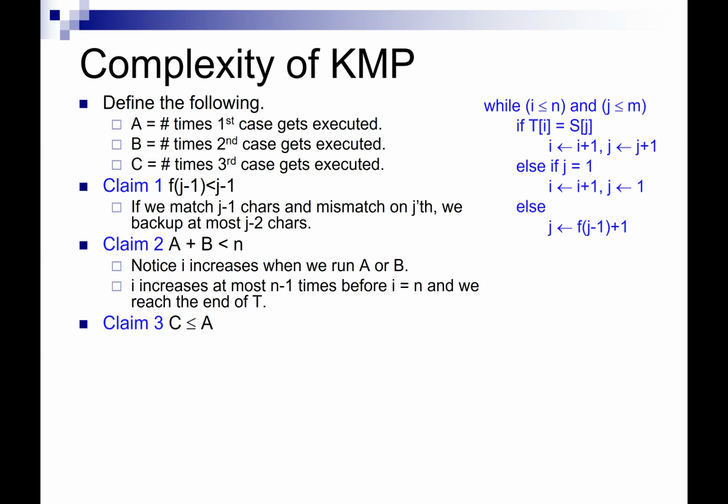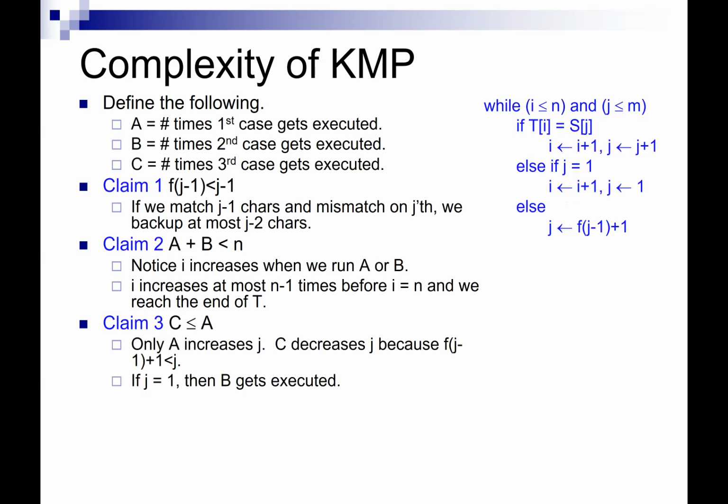The third claim is that the number of times the third case runs is no more than the number of times the first case runs. This is because of all three cases, only the first case is going to increase j. In the second case, you don't change j. And if you execute the third case, we know that f of j minus 1 is less than j minus 1, so f of j minus 1 plus 1 is less than j.